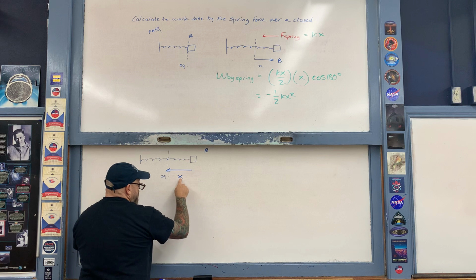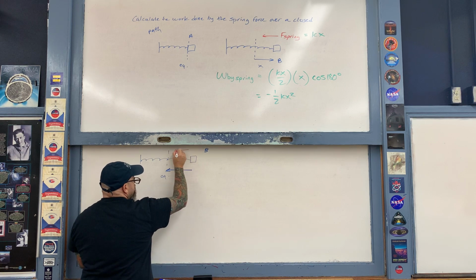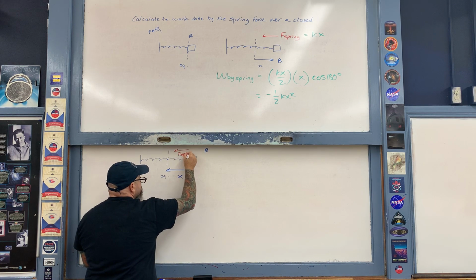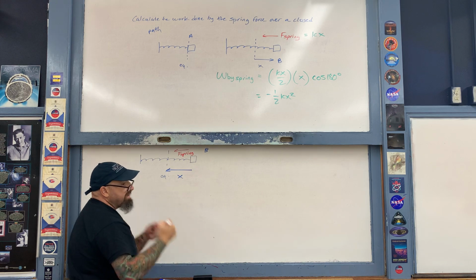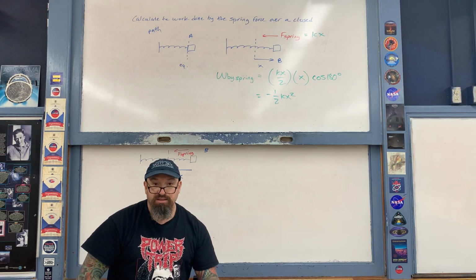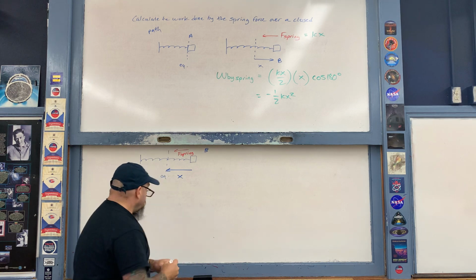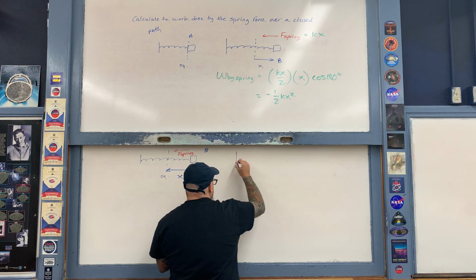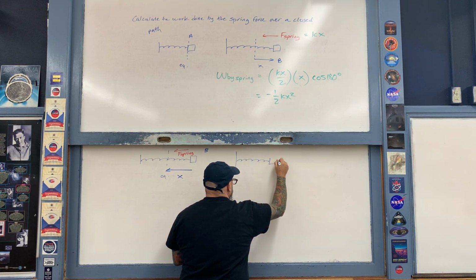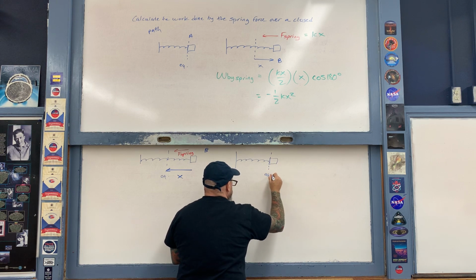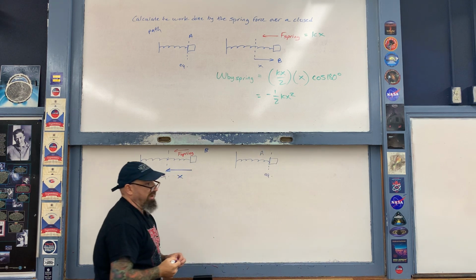In this case, the angle between the displacement vector and the spring force vector, which is still back towards equilibrium, is not 180 degrees. Instead, it's 0 degrees. Okay, let me finish off the diagram here by also drawing position A once again. So here's equilibrium, and then here we are back at position A.